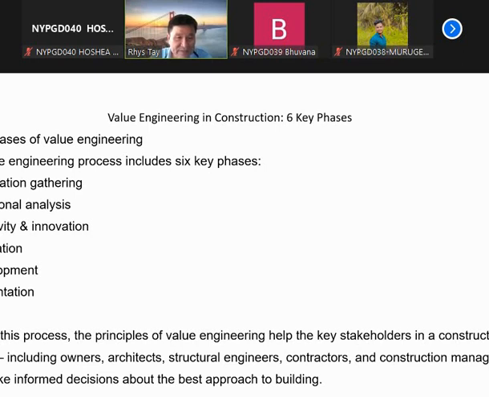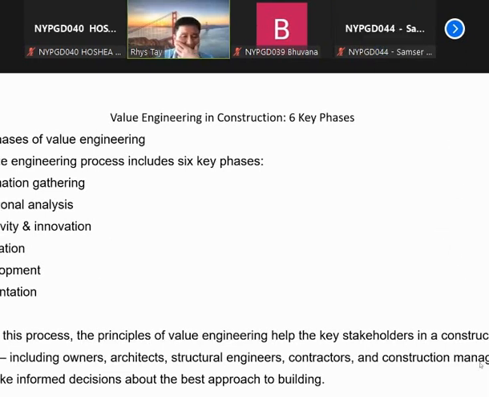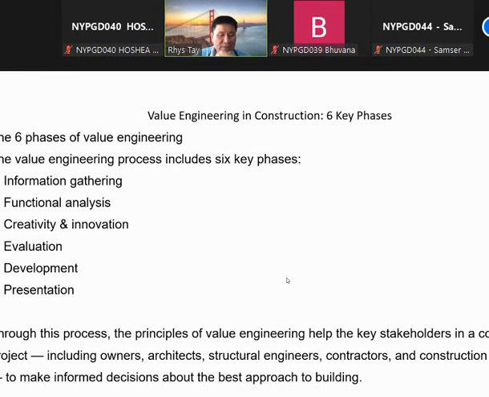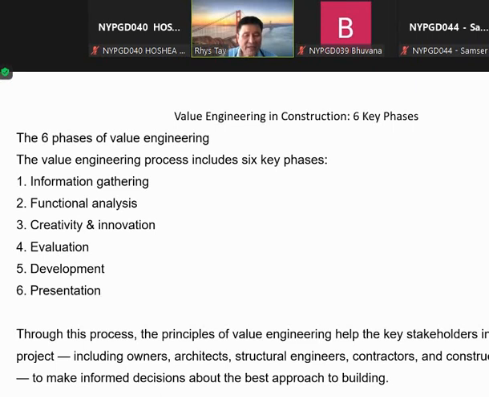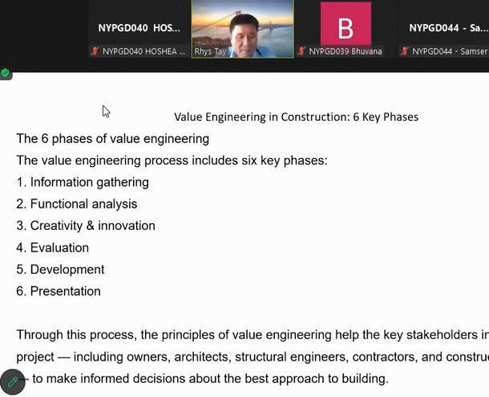So there are 6 phases, as we have just said. Okay, information gathering, functional analysis, creativity and innovation, evaluation, development, and presentation. During this process, value engineering, all right, helps the key stakeholders.